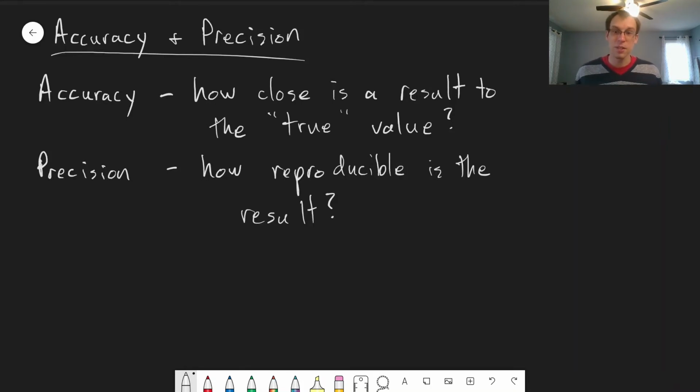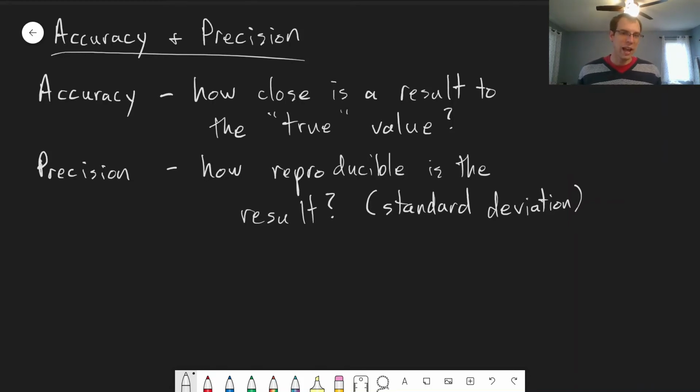And so precision is something we're going to be measuring quite a bit. Just as a preview, this is related to the idea of a standard deviation. We'll get to this in the next chapter, I believe. Whereas accuracy, there's not really a statistical way we can analyze accuracy without knowing something about our sample, without having a true value to compare things to.